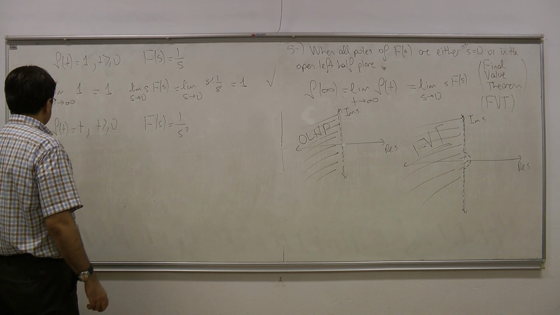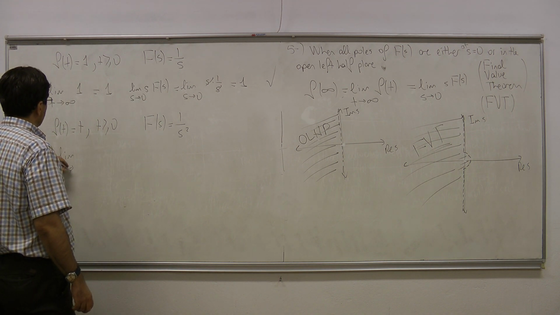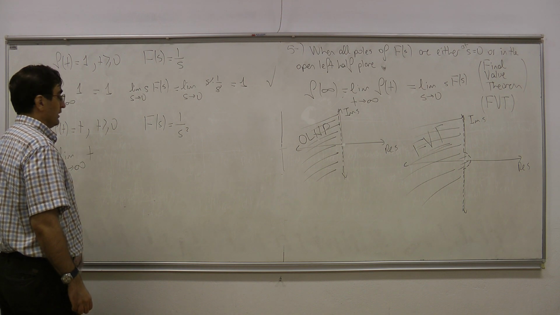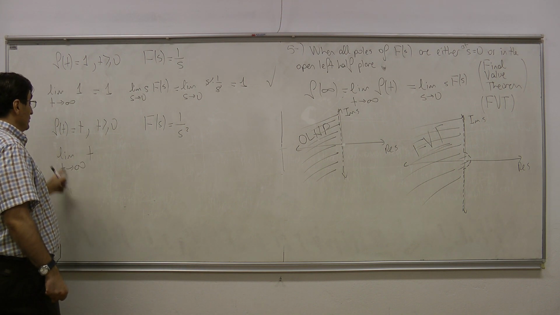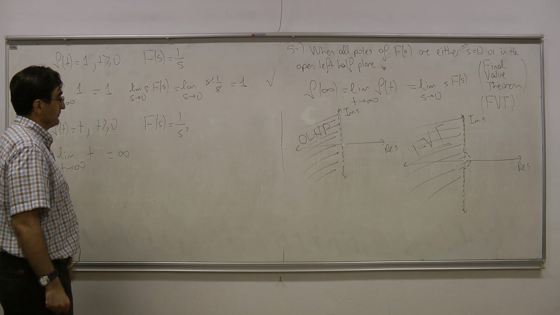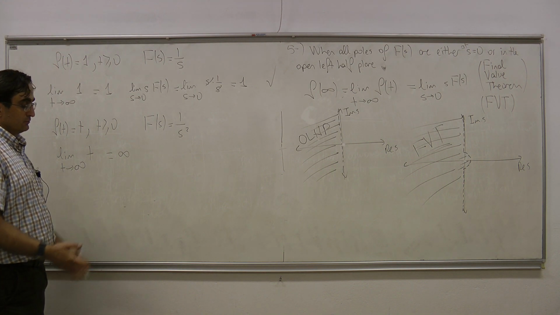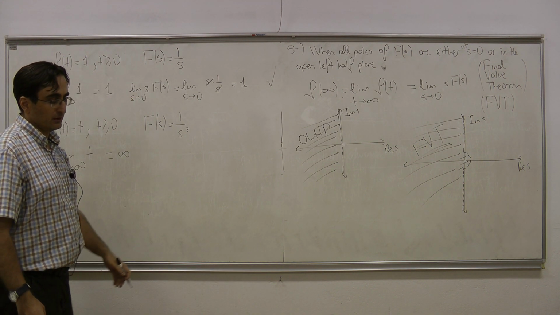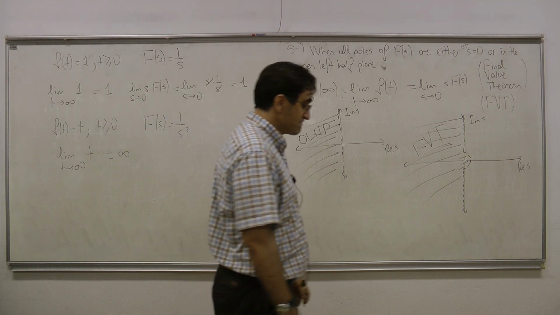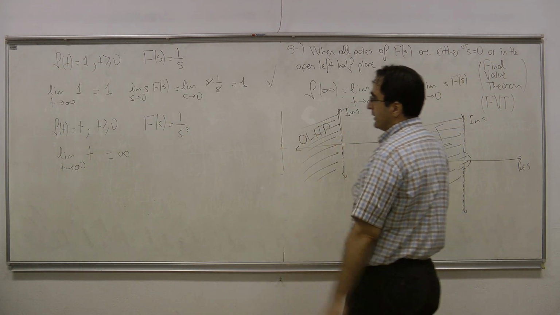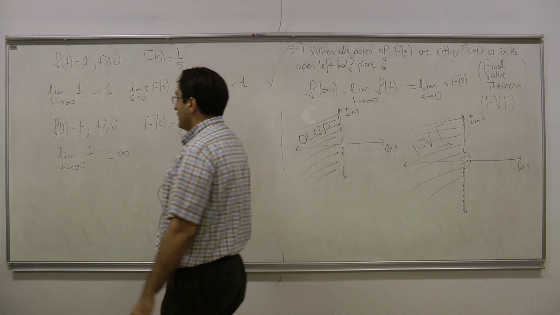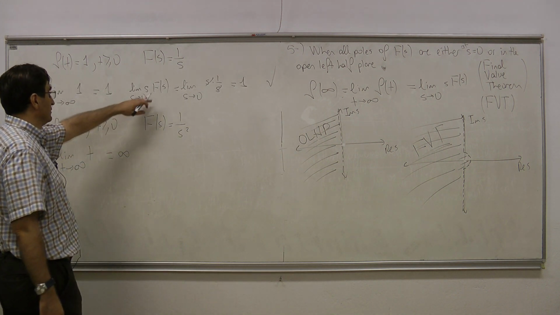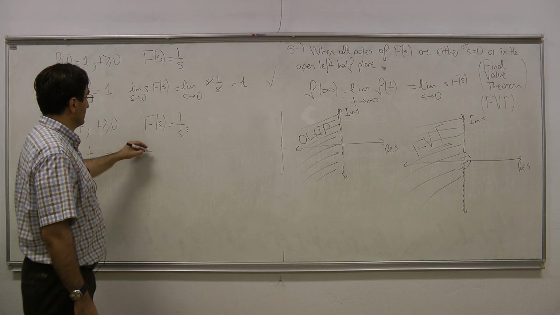So now let us look at the limit as t goes to infinity of t, the final value of this function. I know that this is infinity. Okay? The ramp function is growing indefinitely towards infinity. So the final value of this function is infinity. What about the other limit?